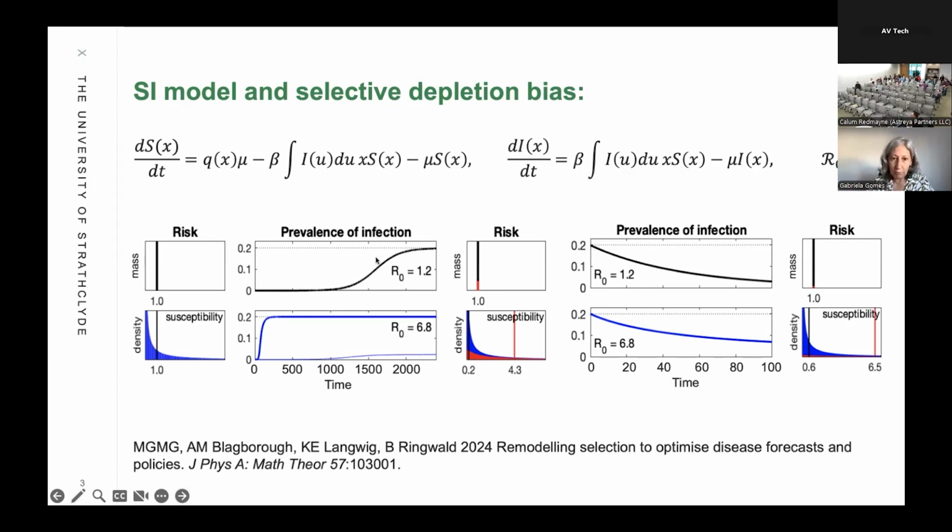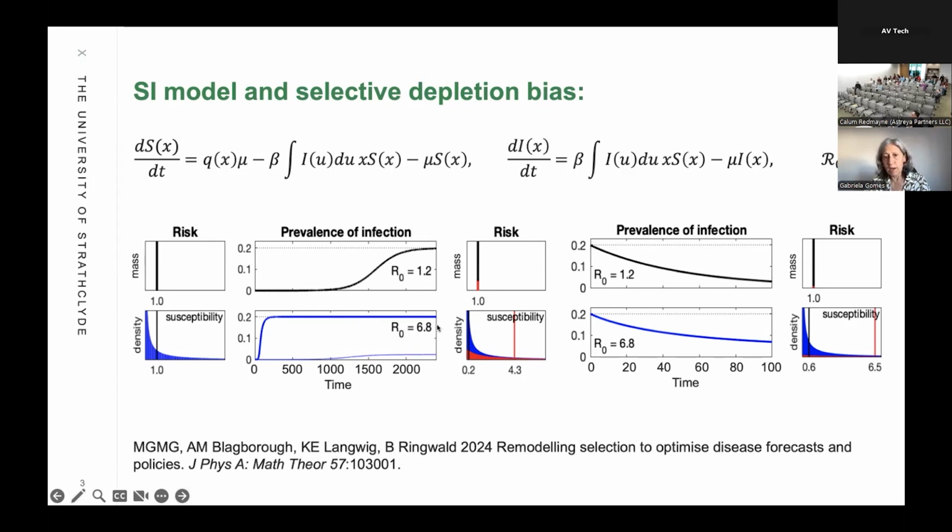Actually, if we ran the model with the same R naught with the heterogeneity, it would only grow up to here because of this depletion of the most susceptibles and the decrease of susceptibility over time. So in order to counter that, we need to boost the R naught so it can reach the same endemic equilibrium.